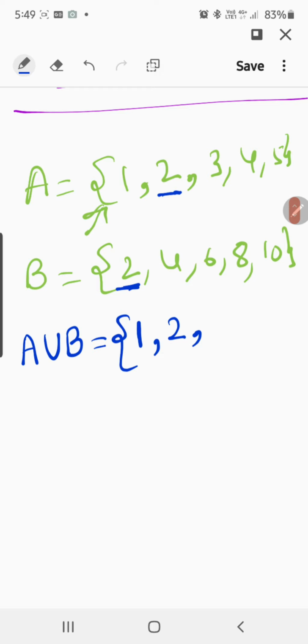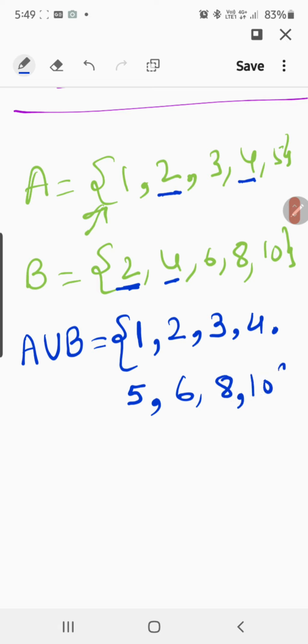Then you have 3. Then 4 is repeated twice, in both set A and set B, so we take 4 only once. Then 5 is in set A. Then we have 6, 8, and 10 in set B.